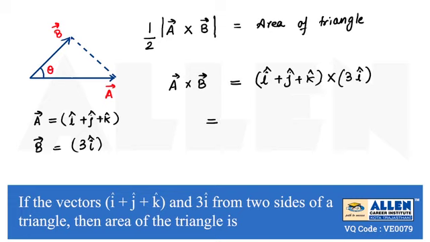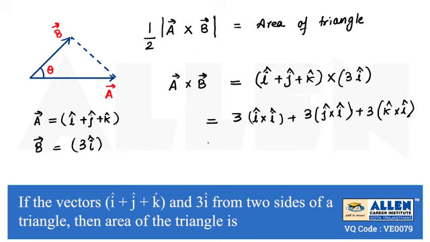So we will find out what will be the answer of this. Therefore, we can use direct multiplication one by one. That is 3 times i cap cross i plus 3 times j cap cross i cap plus 3 times k cap cross i cap. So we can see i cross i is 0, whole value will be 0.